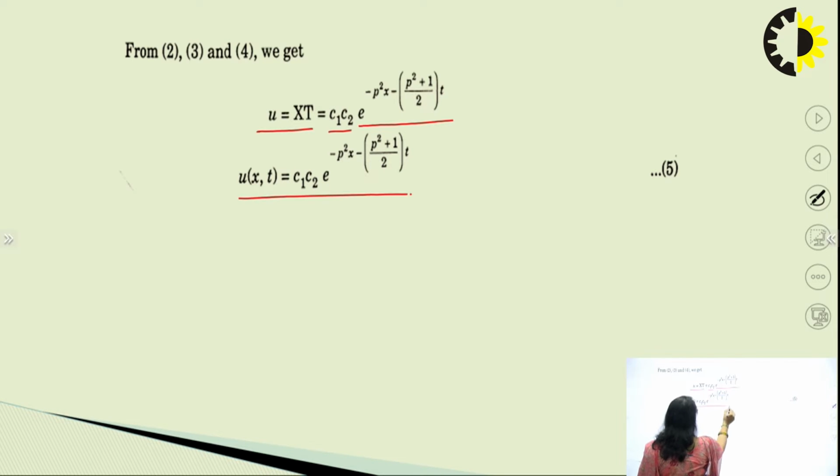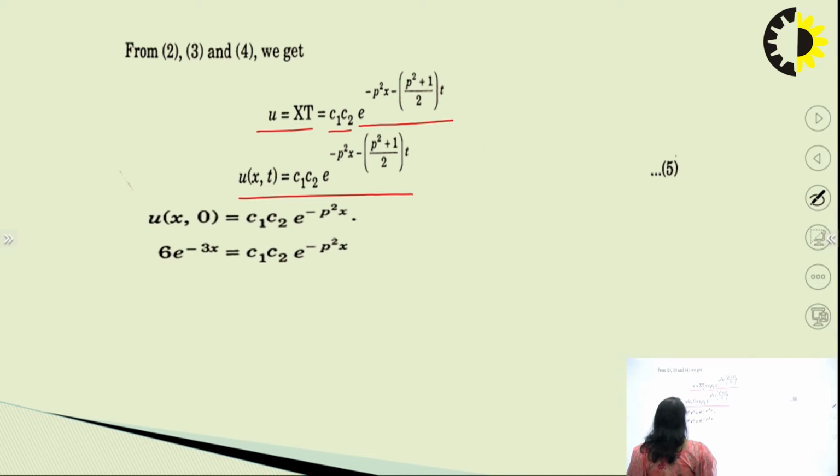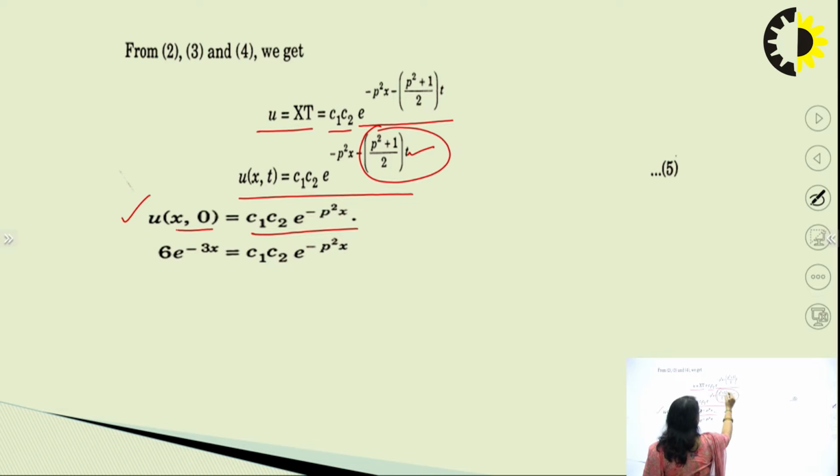So this u I'll compare with the given condition. Now the given condition was u(x,0) was C1 C2 e to the power minus p square x. So if I put t equal to 0 in this equation, this entire value becomes 0, and I am left only with the right hand side, that is C1 C2 e to the power minus p square x.